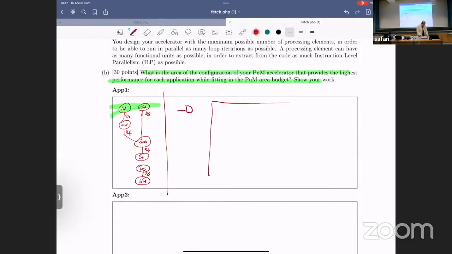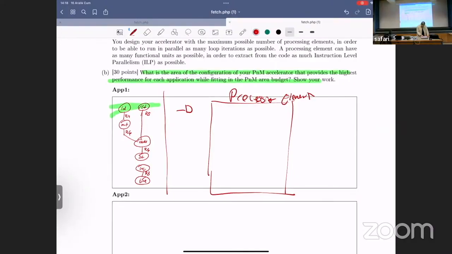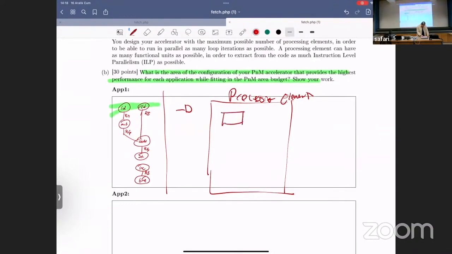Say this is your processing element, and then you just replicate that. Depending on the area, duplicate it as much as you can to parallelize or unroll the loop. Here you're going to have two load units.